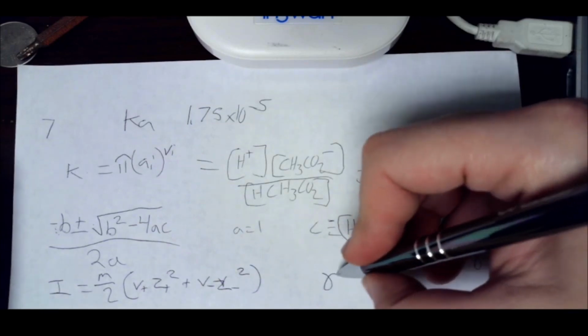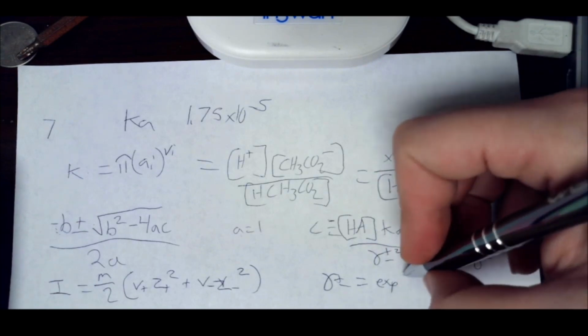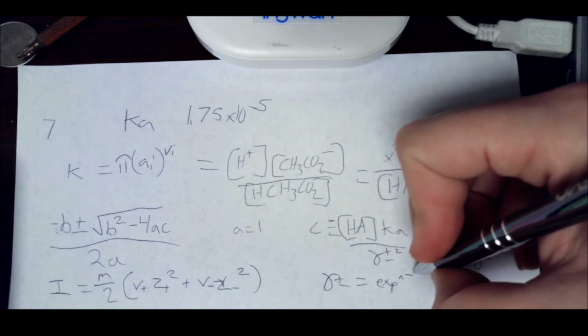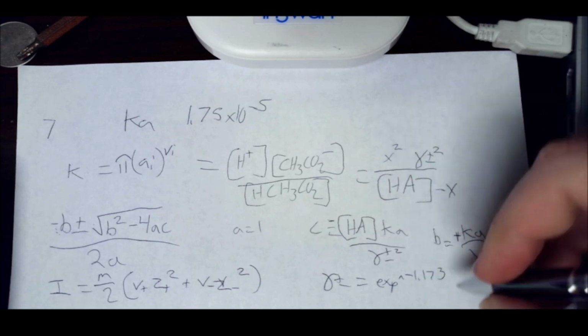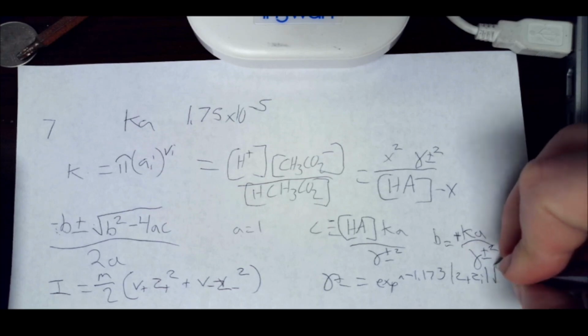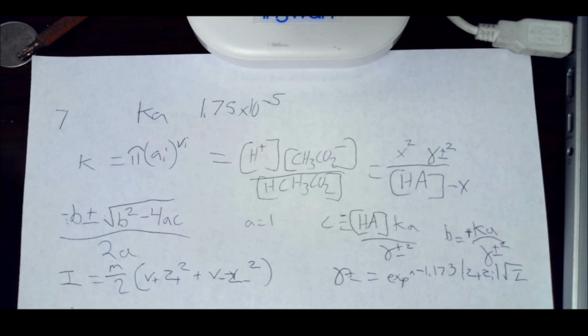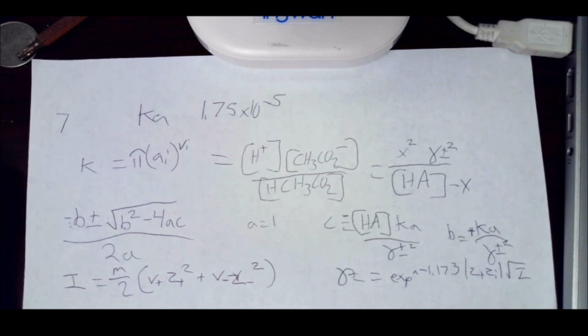That gamma plus or minus is equal to the exponential of negative 1.173 times the absolute value of Z plus and Z minus, times the square root of I. The iterative approach means we do this multiple times, get a new gamma plus or minus each time, and use that to slowly but surely arrive at the same answer over and over again.